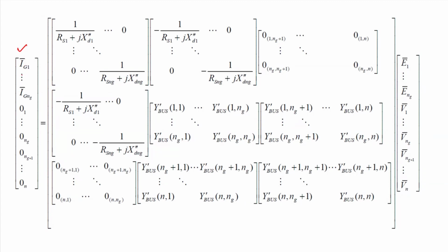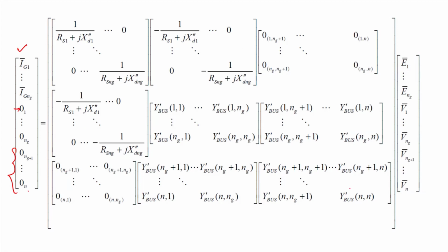One part will be from IG1 to IGNg, and again there will be generator current 0 for the load buses, from Ng plus 1 to N, right?